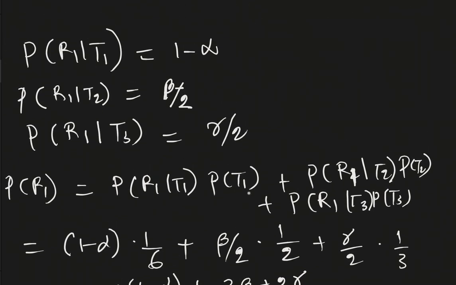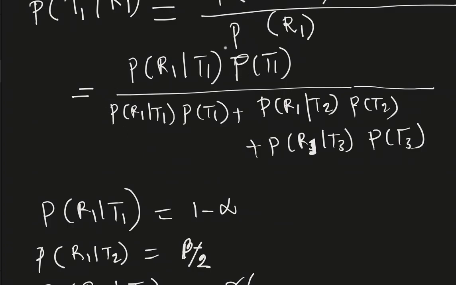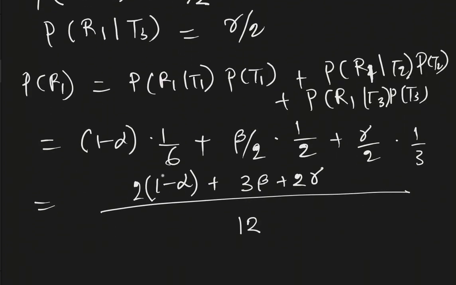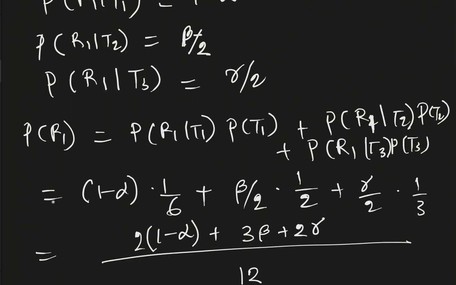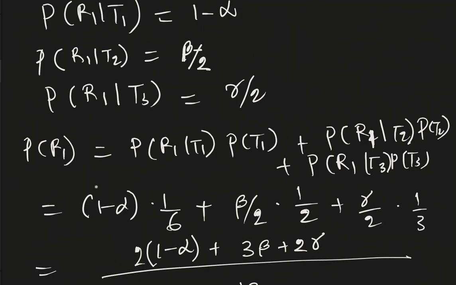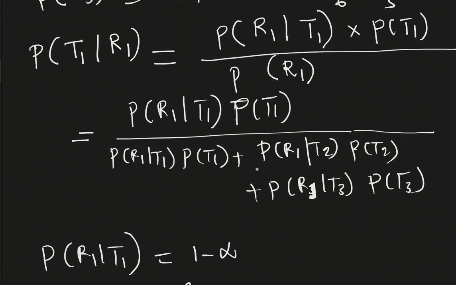Okay, and similarly, what is this value? P(R1|T1) into P(T1), so let me write P(T1|R1). That means what is the reverse probability: I get R1, what is the probability it came from T1? We put all the values in this formula.